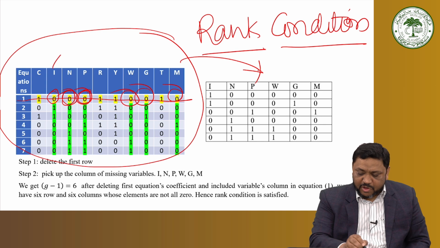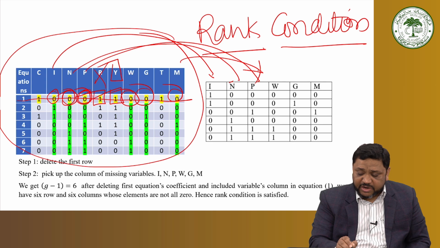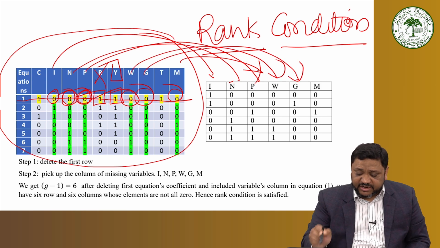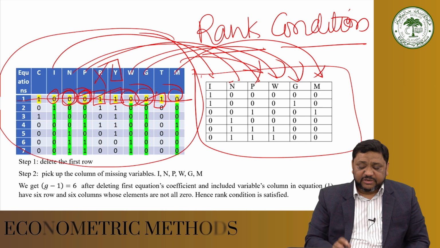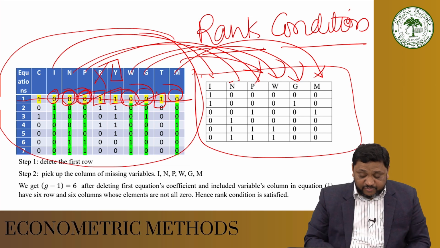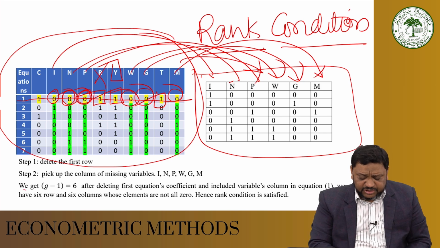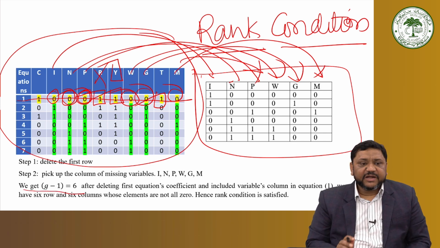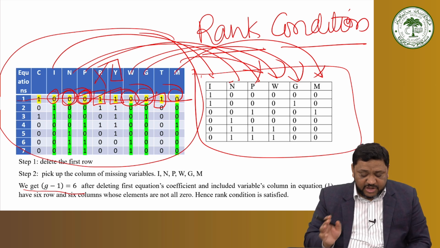So I is written, N is written, P is also written, R is not taken because R has a value 1, Y is not taken because Y has a value 1, W is written over here, G is written over here, T is not written, and M is written over here. So we have made another matrix using the columns which had a missing variable for the equation C. Now we get G minus 1, that is equal to 6, after deleting the first equation coefficients and including the variable columns of equation 1.